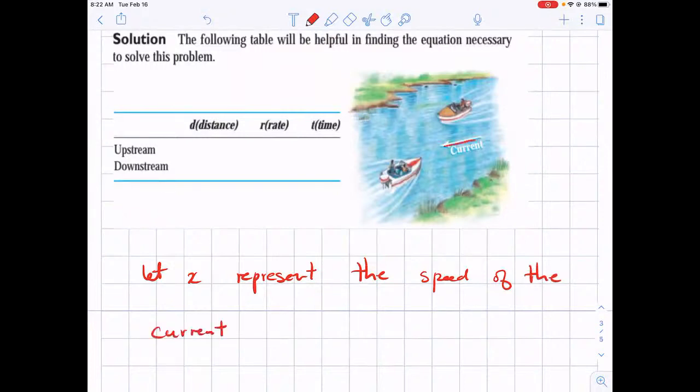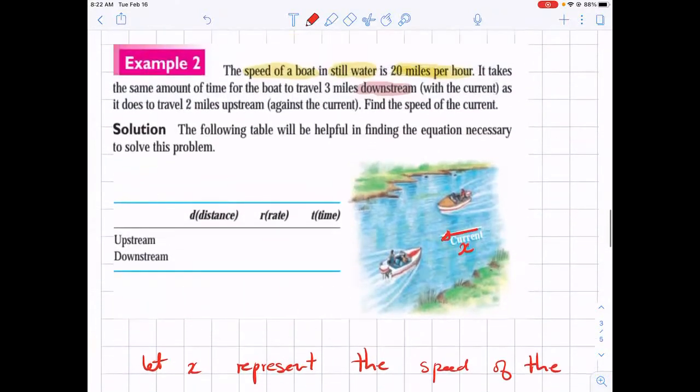Meaning here that X will be the speed at which the water is traveling. Okay, that's our X. But the speed of the boat: if we go back here, the speed of the boat is 20 miles per hour.